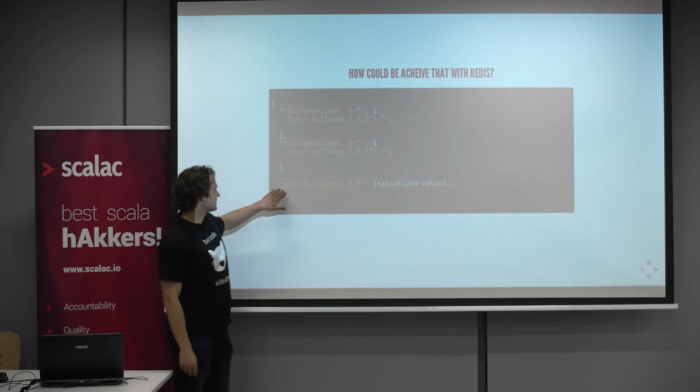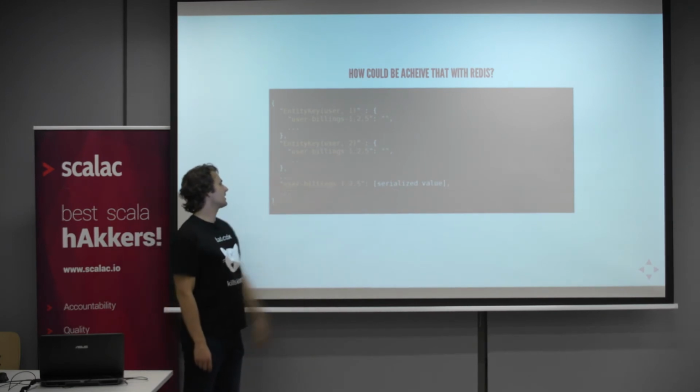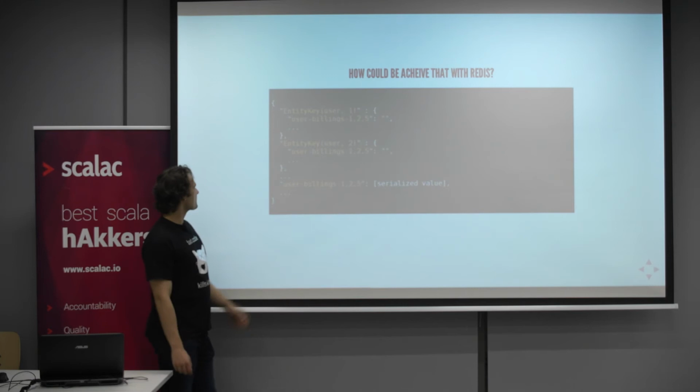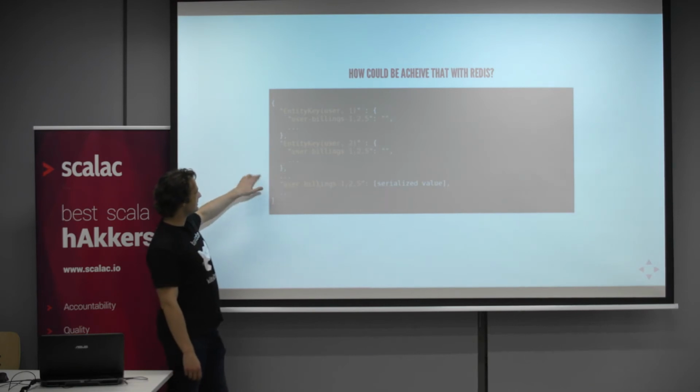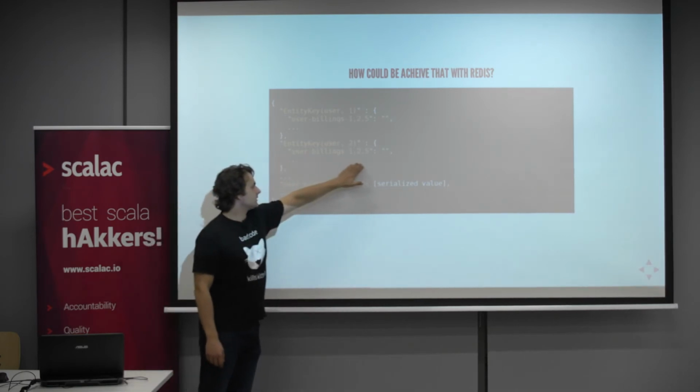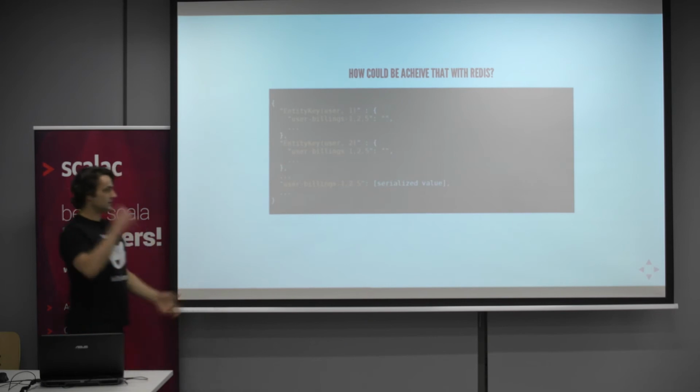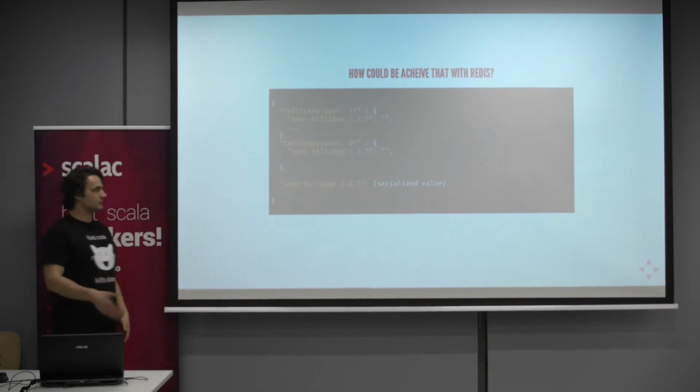So first we just create the cache for our value, and then we create the hash for all of the entities that were used for it, and put our value inside, so it could be used later on when we want to invalidate the data.